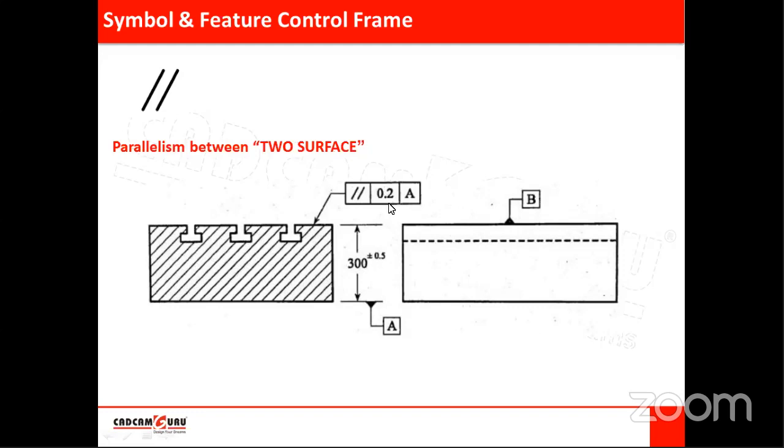So just remember, this permissible deviation should not be more than the size tolerance, meaning not more than 0.5. As this is an orientation type of characteristic, there is now a change in the feature control frame: there is a third chamber indicating the datum. Okay.